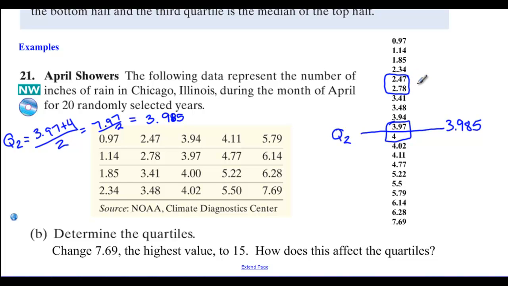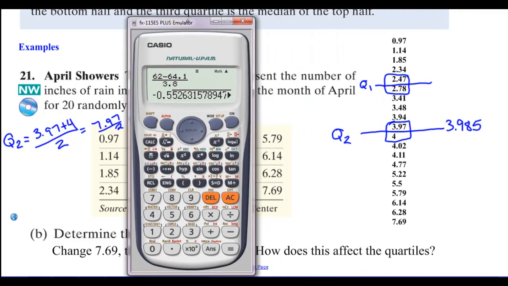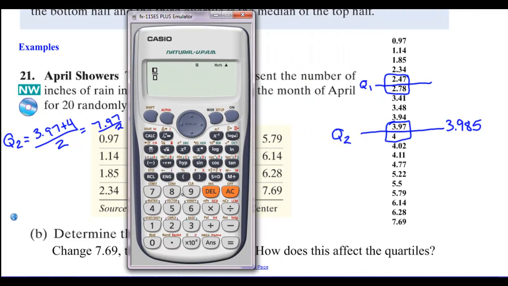We're going to find the mean of those, and this will end up being our Q1. So we're just going to do the 2.47 plus the 2.78. Then we're going to divide that by 2, because we're just finding the average again. And that's going to give us 2.625.